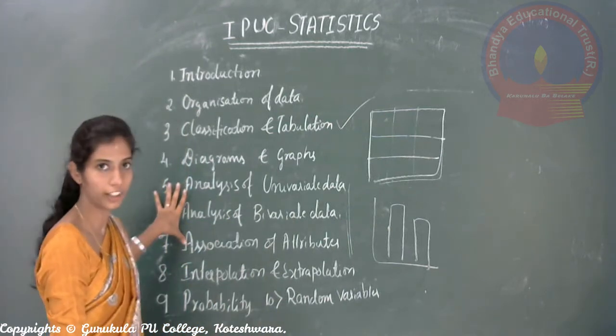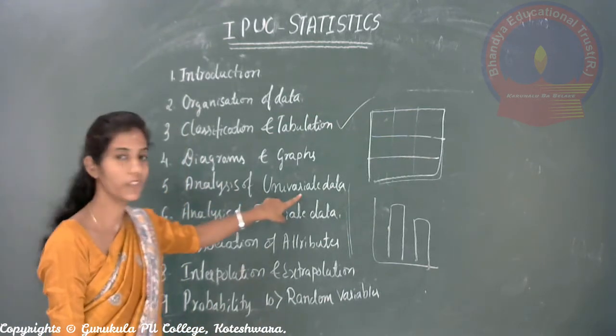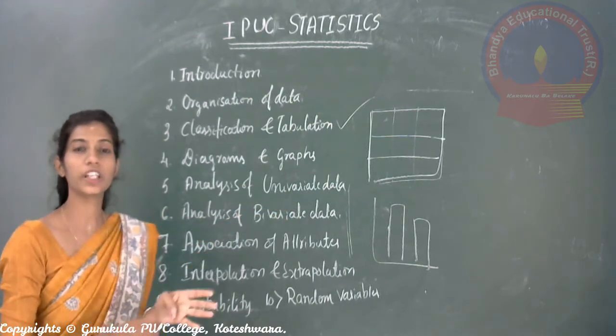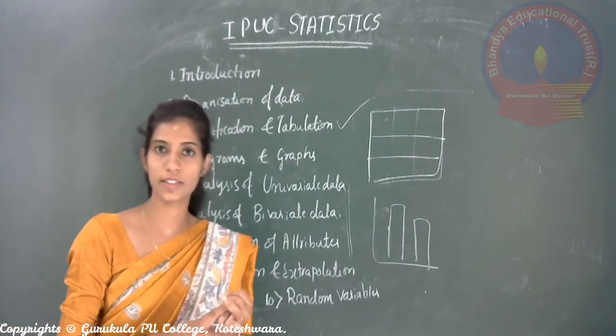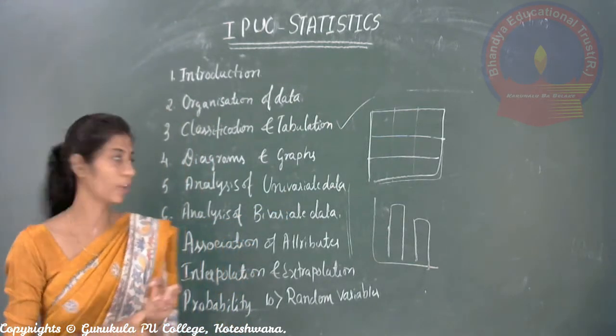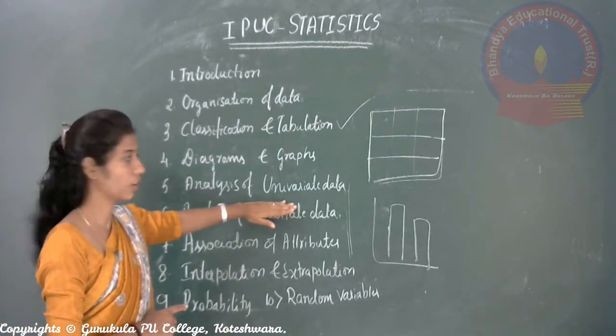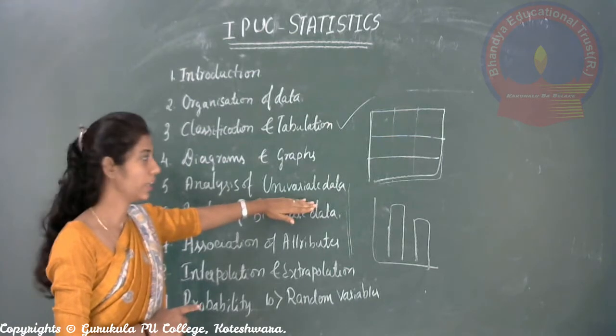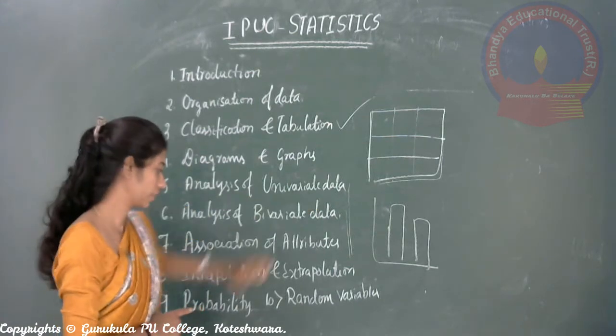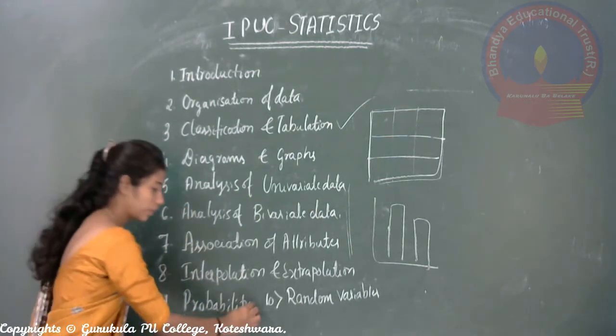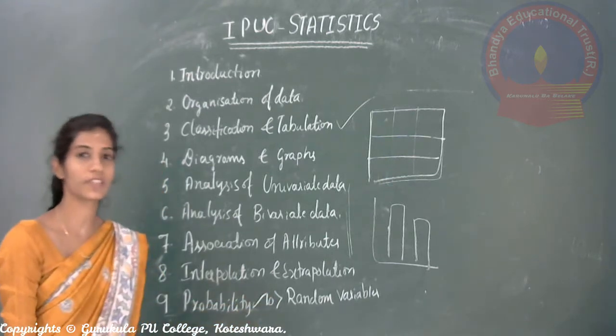It is an entirely different concept, but in univariate data, mean, median, mode, geometric mean, harmonic mean, all these formulas will be coming under this chapter. And the ninth one, probability. Probability is familiar to you.